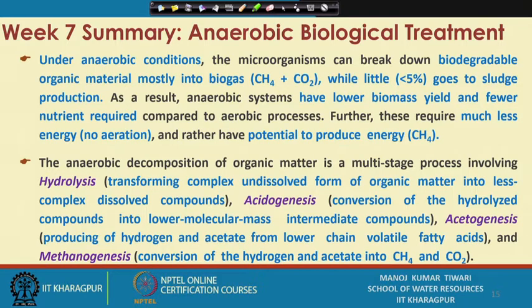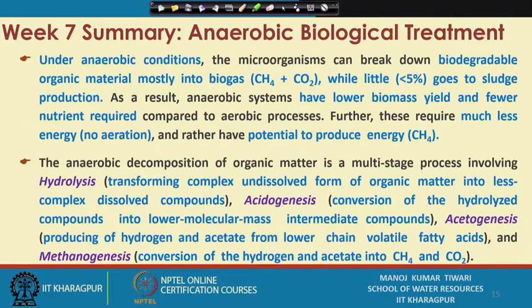Under anaerobic conditions, the microorganisms can break down the organic matter, particularly the biodegradable organic matter, into biogas, which is methane and carbon dioxide. It depends on the characteristics of the waste, but often with domestic sewage we get 60 to 70% methane of the total biogas.